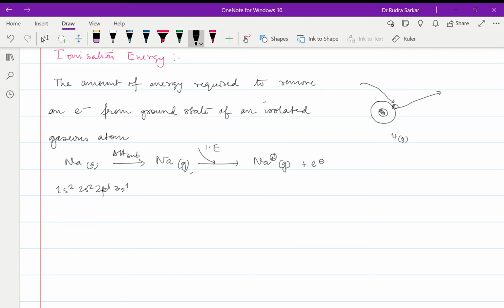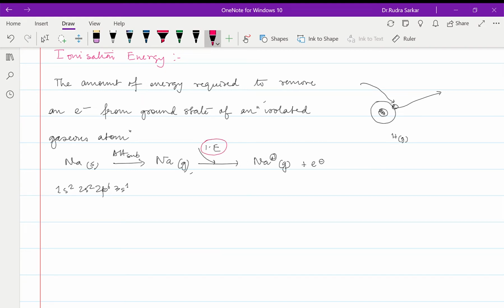So it is becoming now an isolated gaseous atom, okay? And then you are giving certain amount of energy for it to form an ion and release one electron to an infinite distance, okay? Now, this energy that you are giving for it to go out of the valence shell, this is called the ionization energy.